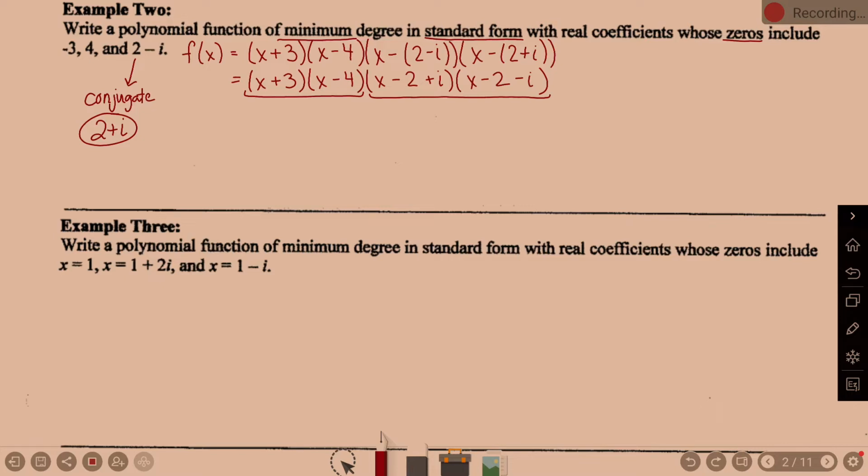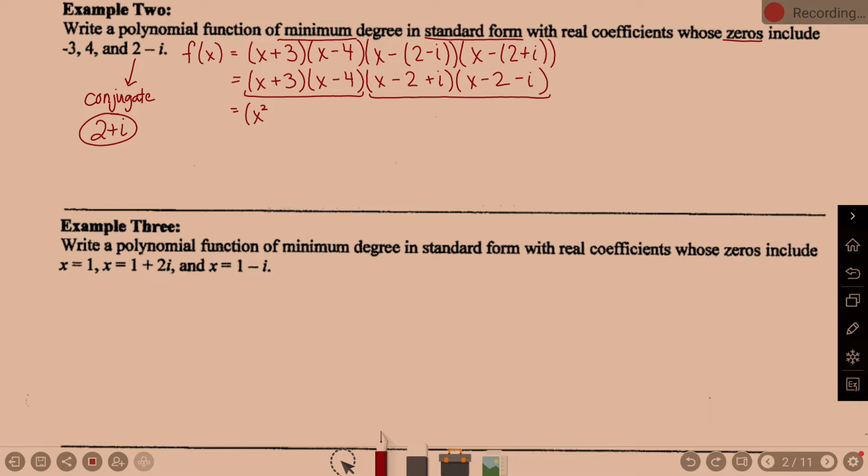So, as we multiply x plus 3 times x minus 4, what are you guys getting there? x squared, then what? Minus 4x, and then plus 3x.